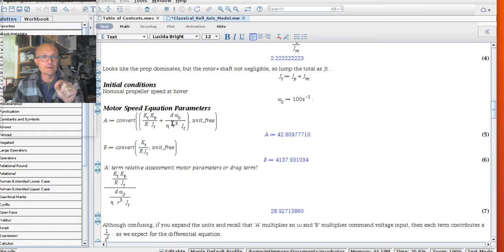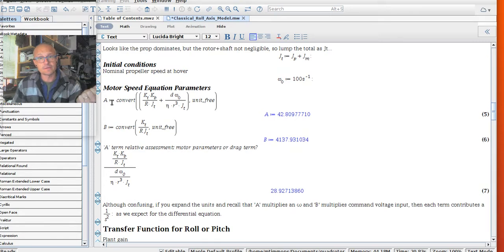Remember, we simplified our linearized equation. We did the Taylor series, and then we had that pesky constant term C, and in a recent post I went through the process of how we eliminated that term. We actually adjusted this term and arrived at that linearized differential equation. So we've got our A term and our B term, and those are arrived at by the estimates and the constants and some estimates that we made up above here.